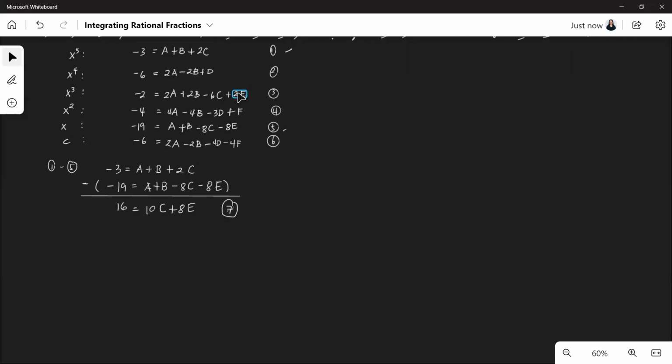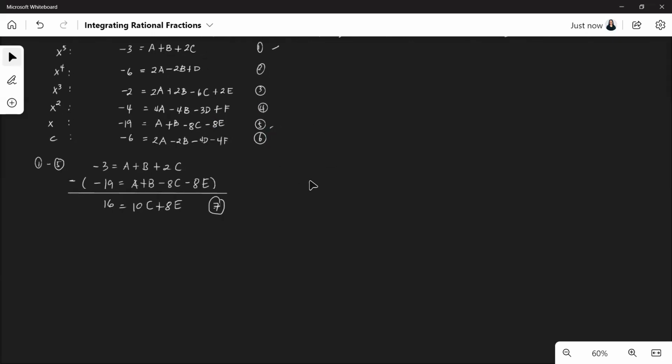Equation 3 and equation 5. But as much as possible, use the other equations left. So do not repeat equations yet.